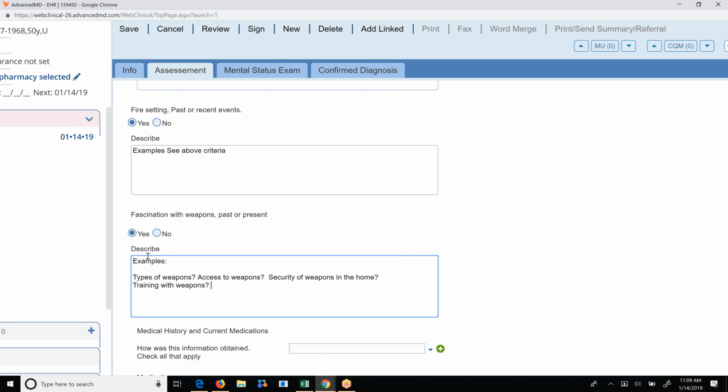All of this would be examples of significant data that needs to be acquired in regards to it. A box checked yes. Your fascinations with weapons, past or present. Types of weapons, access to weapons, security of weapons in the home, training with weapons.